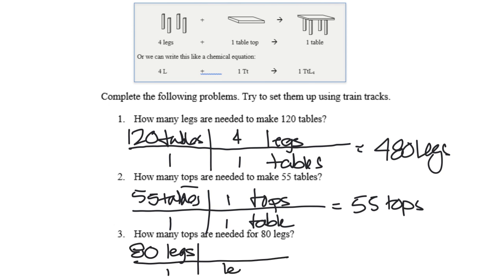The unit legs comes down. I want to get to tops. And then I come up here. Well, there's 4. Whoops. There is 4 legs per 1 top. And that is what I fill in. 4 legs per 1 top. And I need 20 tops.